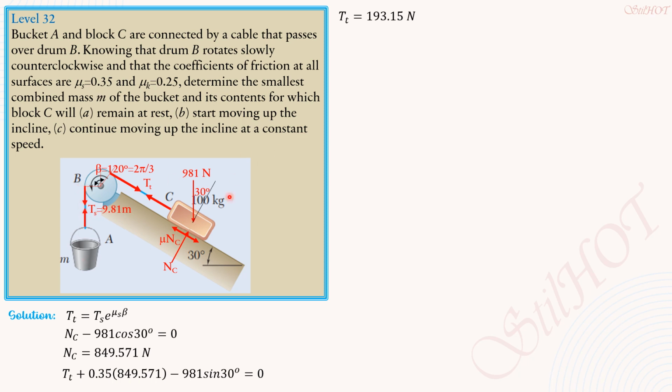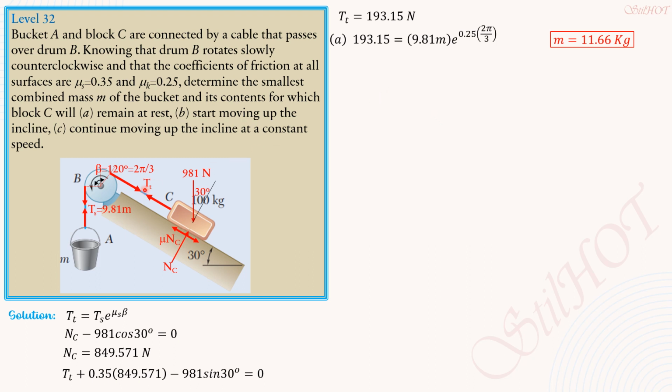This will go down. So just enough for the system to be in equilibrium, so there is slipping here, 0.25. So T sub t, 193.15, equals m times 9.81 e to the 0.25 times angle of contact 2/3 pi. From there, we can solve for m, and m is equal to 11.66 kilograms.